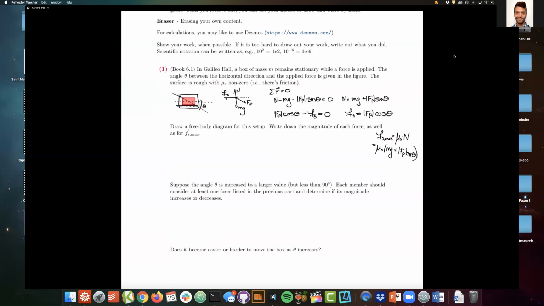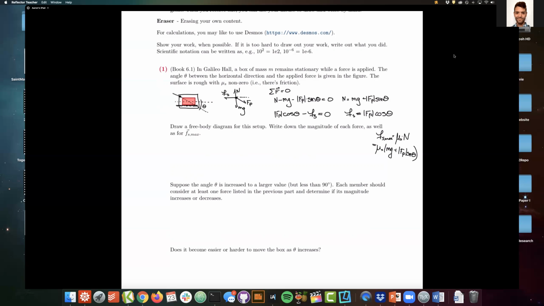Remember, the maximum static friction force is the maximum amount of force that friction can provide to keep the thing stationary. Else, everything starts to slip and things will start to move. Then it becomes kinetic friction instead, which is just a constant. But remember, static friction can be anything up to this maximum value.